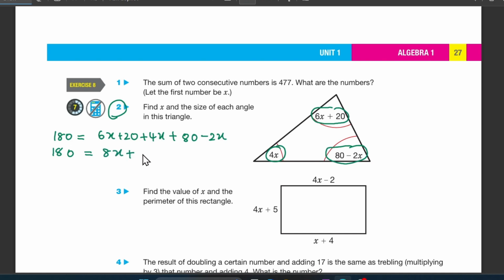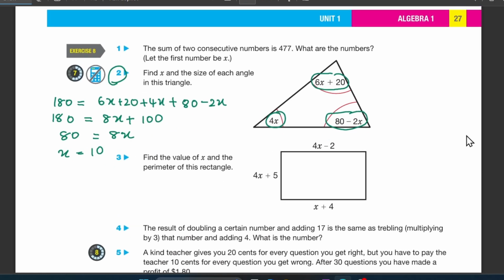8x plus 100. So then 8x equals 80, x equals 10. Okay. Find the x and the size of each triangle. So now x is 10.